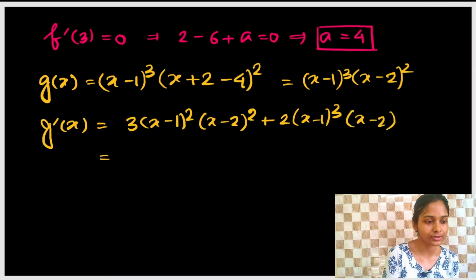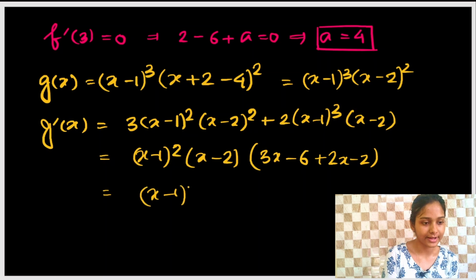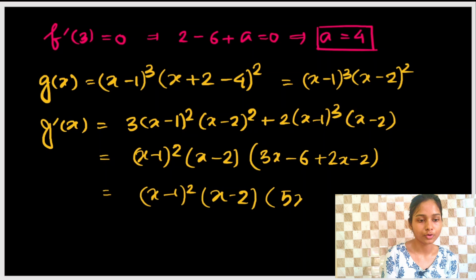So if we take these common out, (x minus 1) whole square and (x minus 2), it will give, from here we have 3 into (x minus 2) which is 3x minus 6, and from here we have already taken out (x minus 2) and (x minus 1) whole square, that means 2 into (x minus 1). So what we have here, (x minus 1) whole square, (x minus 2), 5x minus 8.